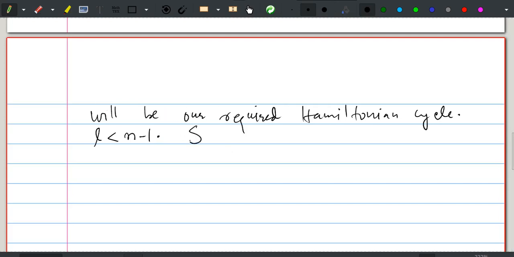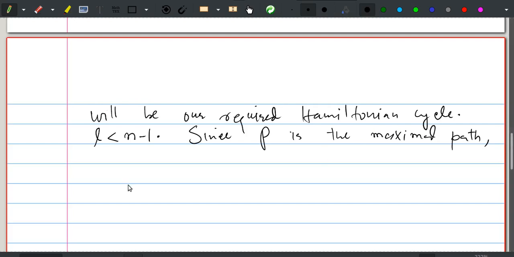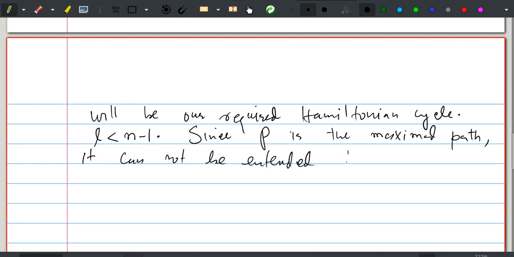Since P is the maximal path, it cannot be extended to a longer path.